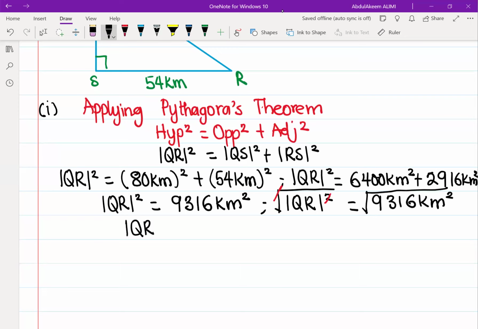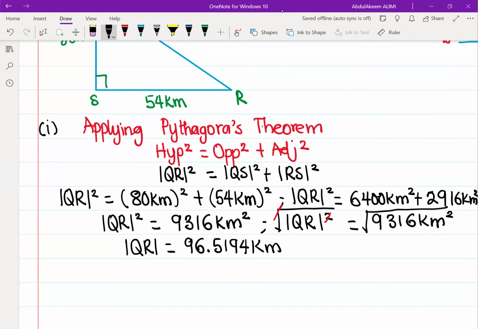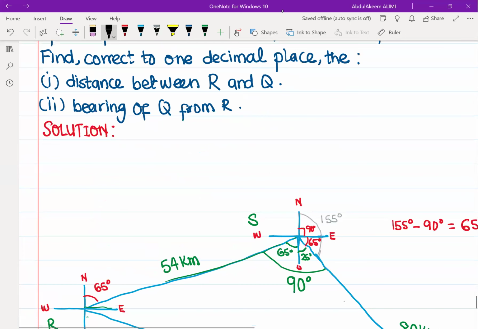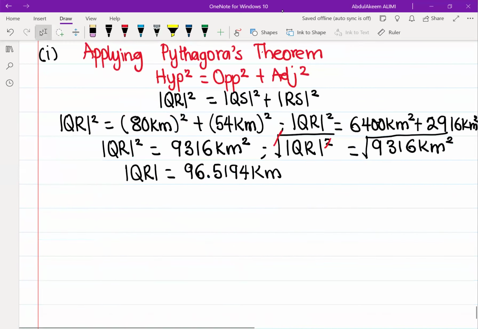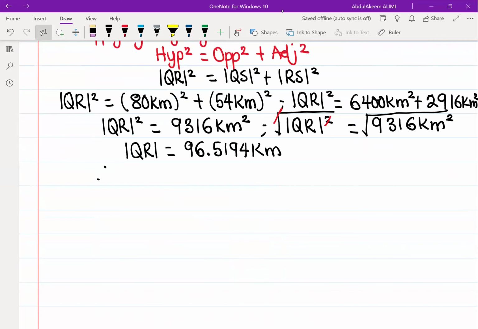If you take the square root of 9,316, that will give us 96.5194 kilometers. According to the question, we are told to find the distance between R and Q correct to one decimal place. Therefore, line QR is approximately 96.5 kilometers, one decimal place.